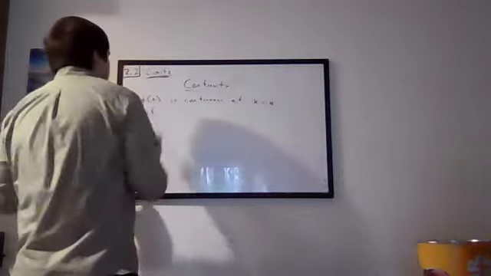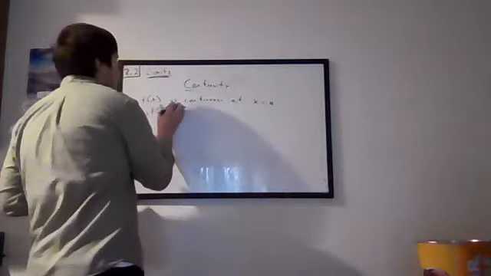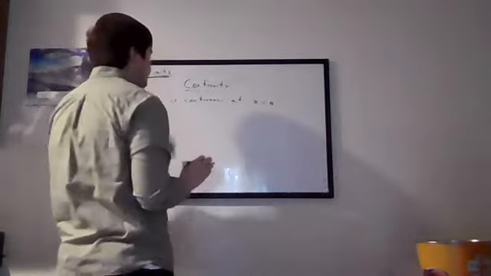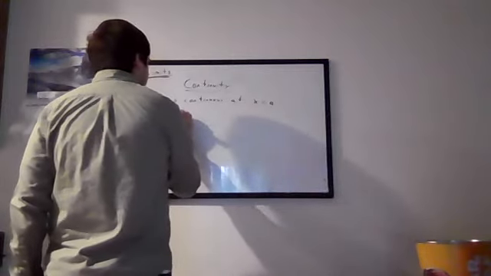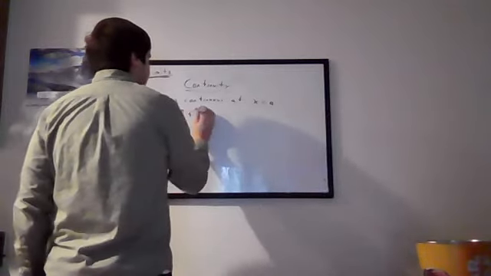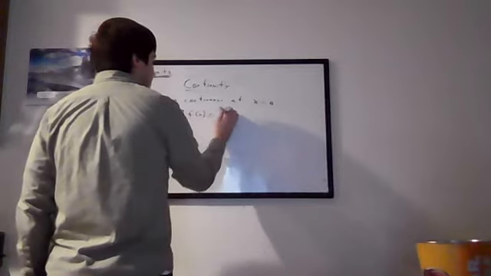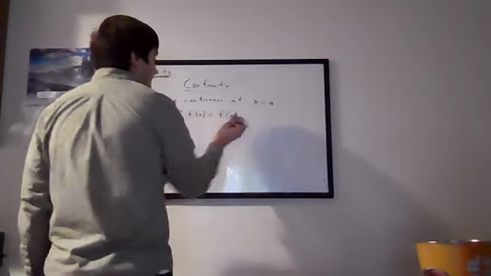Even though it technically should be an if and only if statement, we will worry about that as before. So if the limit as x approaches a of f of x is equal to f of a.